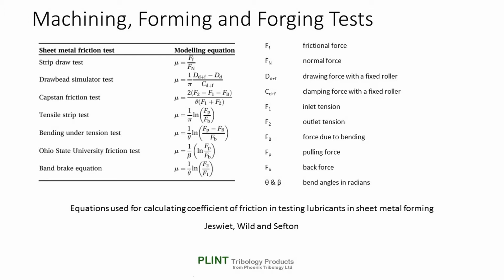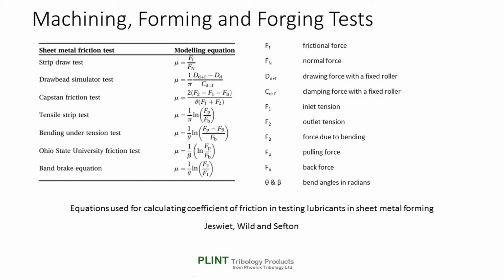Ff is the frictional force, Fn is the normal force, d plus f is the drawing force with a fixed roller, CD plus F is the clamping with a fixed roller, F1 is the inlet tension, F2 the outlet tension, Fb is the force due to bending, Fp is the pulling force, and Fb is the back force, and theta and beta are bend angles in radians.